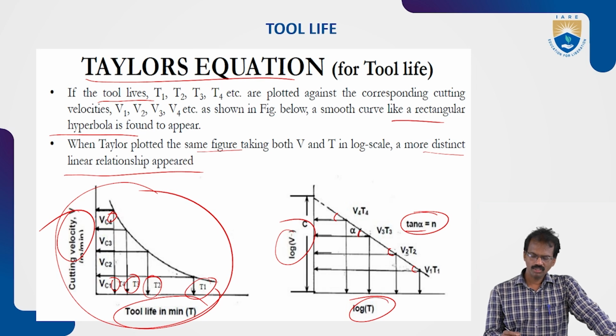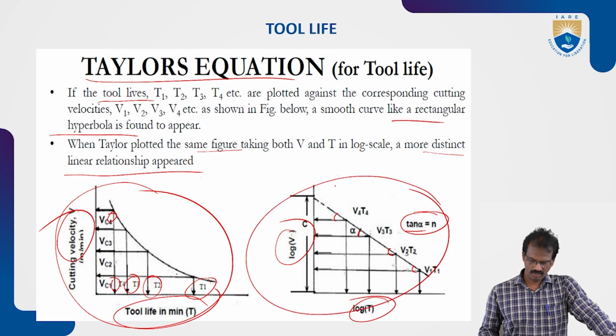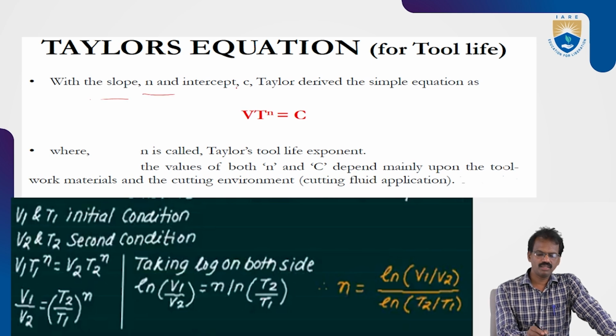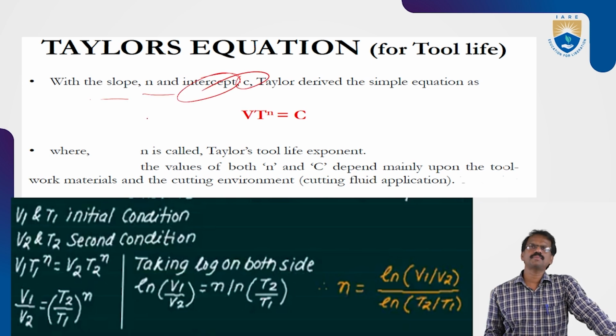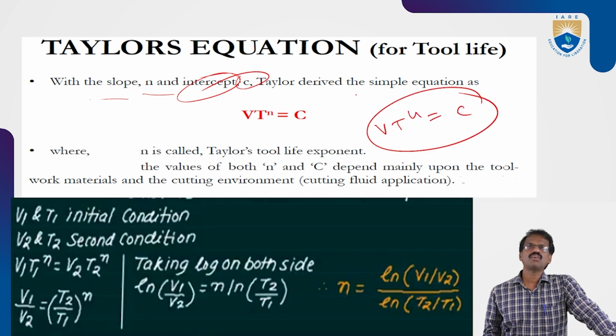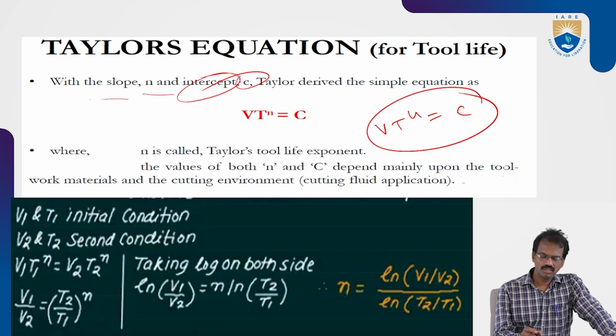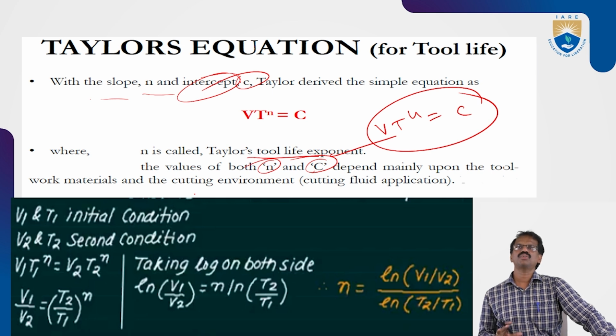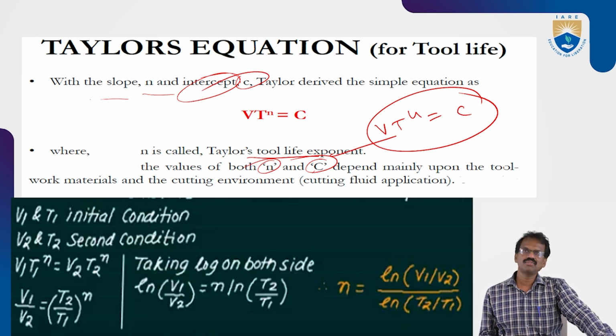Based upon this, with the slope n and intercept constant C, he has given the formula V T to the power of n is equal to C. n is called Taylor's tool life exponent, and the values of n and C depend upon the tool material, workpiece material, and the cutting environments also.